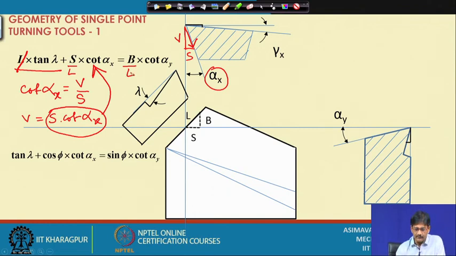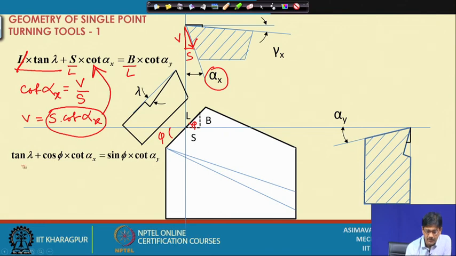What is S by L? Once again we understand that this is nothing but cos phi, as this angle is phi, it is vertically opposite. So, S by L is cos phi, and therefore we have this relationship: tan lambda plus cos phi cot alpha x must be equal to sin phi cot alpha y.